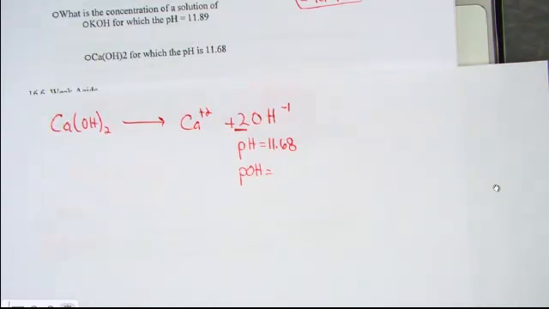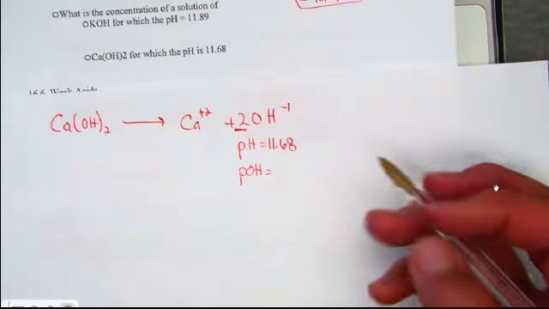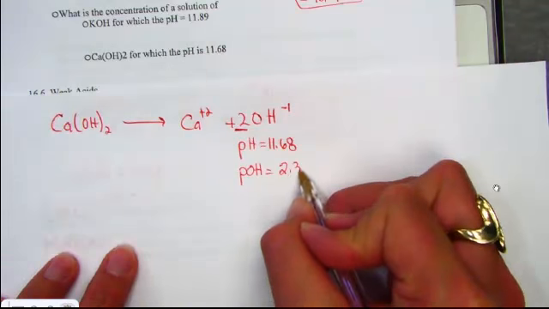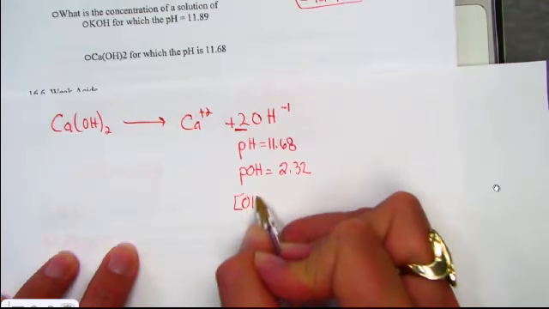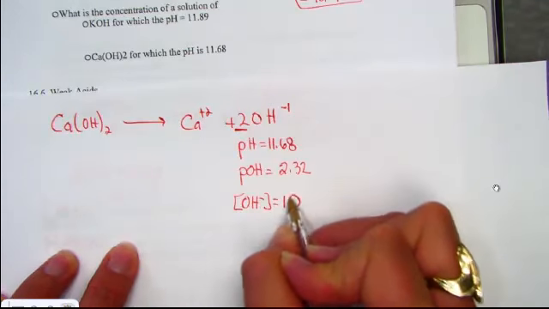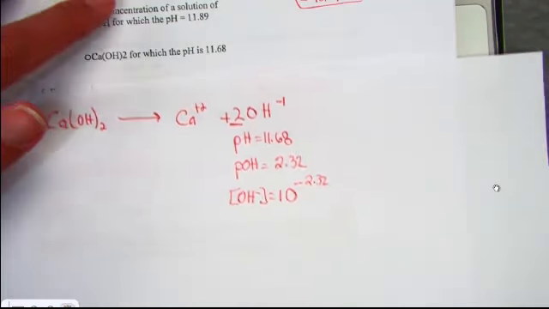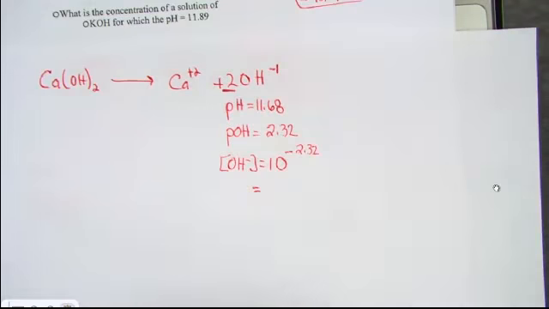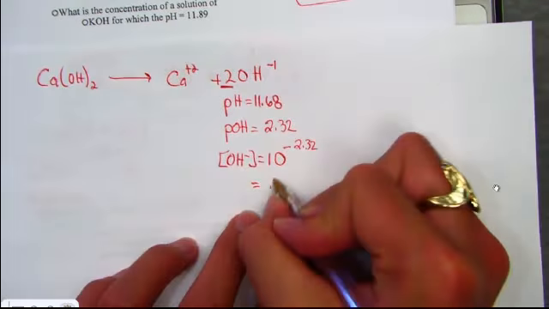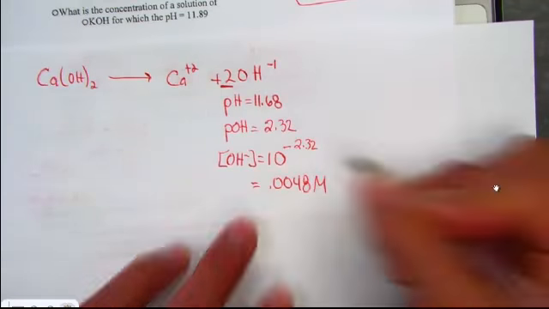And Riley, could you 14 minus pH and share the pOH? Thank you. 10 raised to the negative 2.32 will find hydroxide for us. And Ashley, would you hit that with me? Thank you, that was fast. Gotcha.